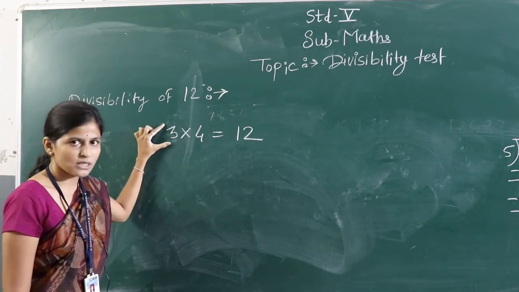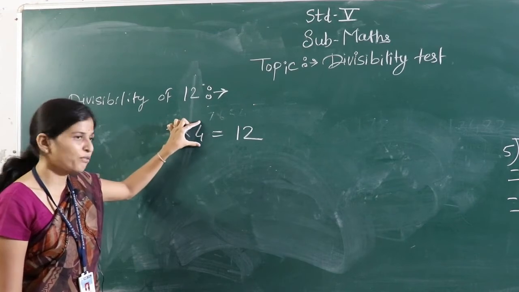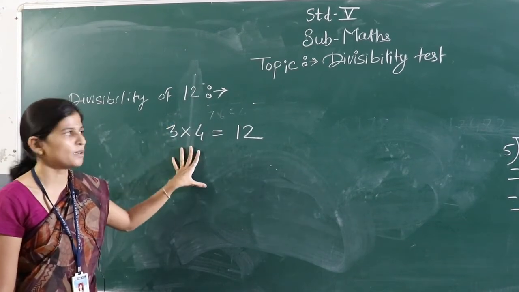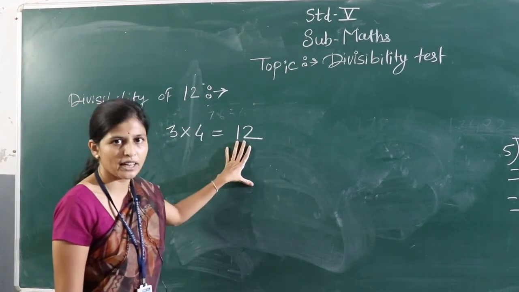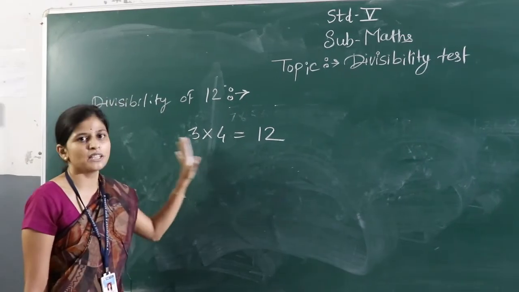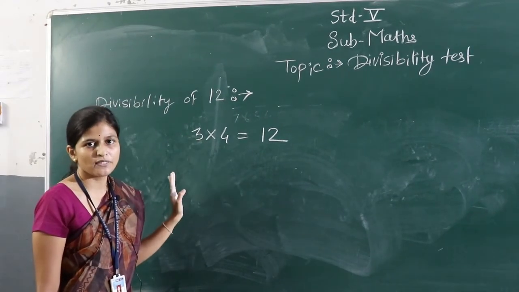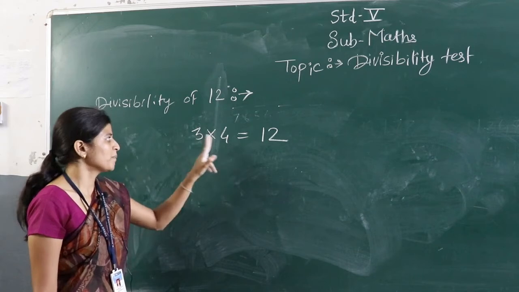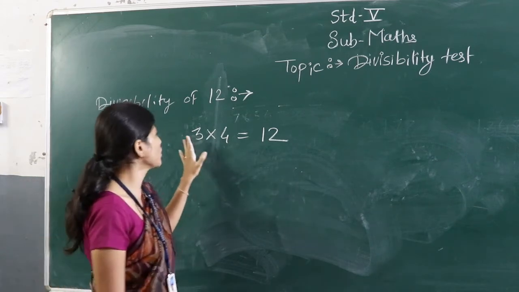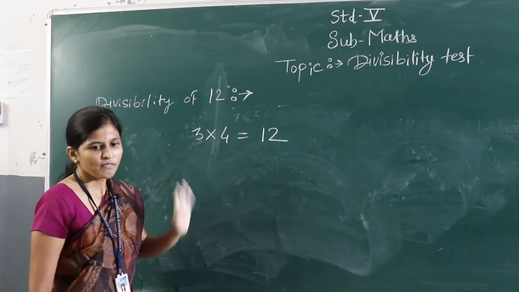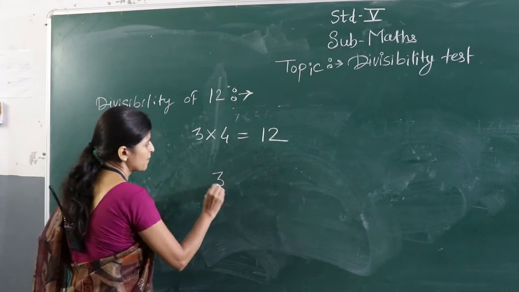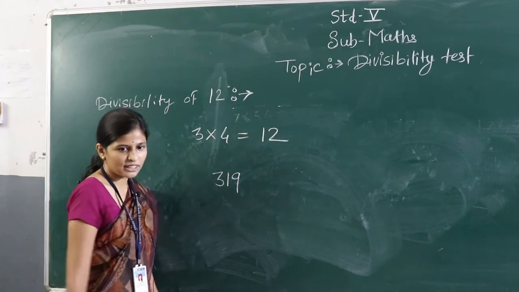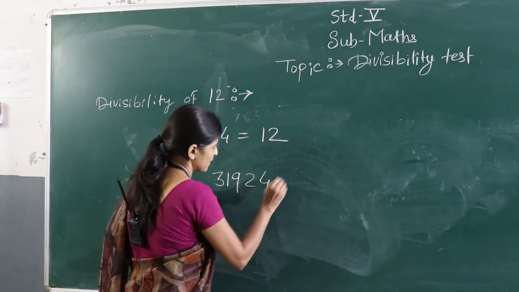What is the divisibility of 12? If the number is divisible by 3 and 4 both, that means it is divisible by 12. If it is not divisible by even one of them, it is not divisible by 12. And we saw earlier the divisibility of 3 and 4. We take one example, the number 319248.